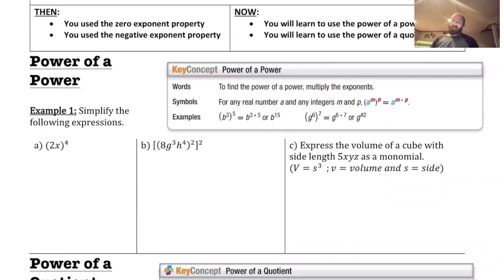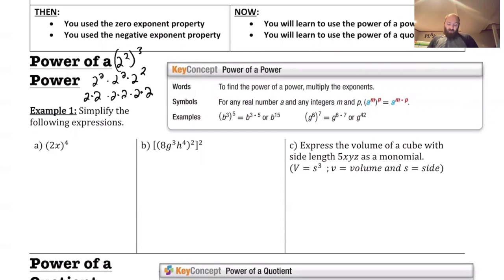I like to use this as a quick little example. What does 2 squared raised to a third power mean? This is a power to a second power. Well, this is 2 squared times 2 squared times 2 squared. Okay, there's 3 of them. With 2 squareds, we know those are 2 times 2, 2 times 2, and then another 2 times 2.